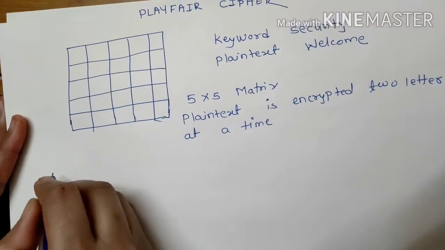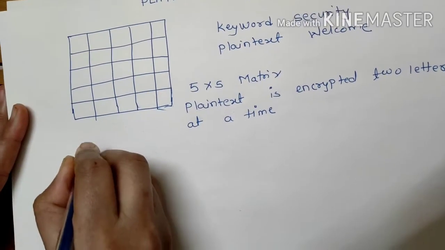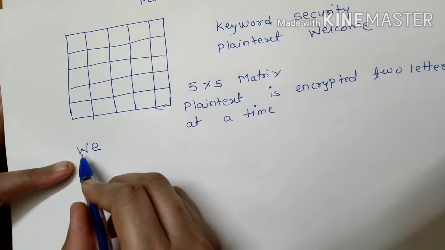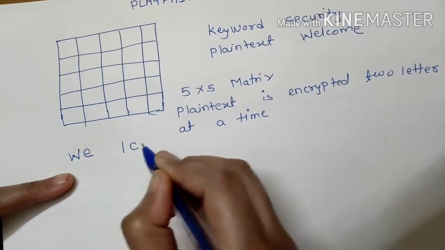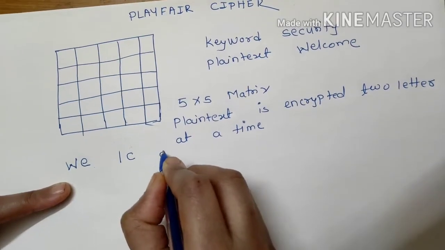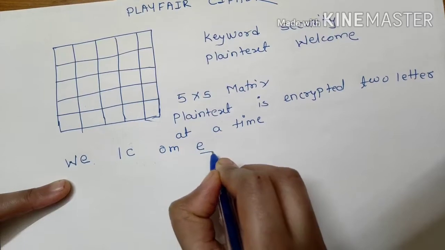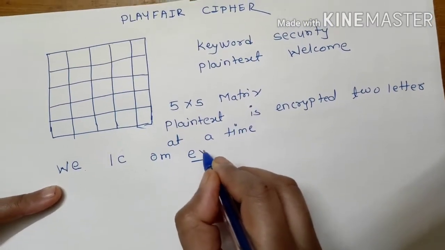Plain text is encrypted two letters at a time. So we will convert the plain text welcome into two-letter pairs. First is WE, second one is LC, third one is OM, and the next letter is E. But here the pair is not forming, so we will keep a filler.